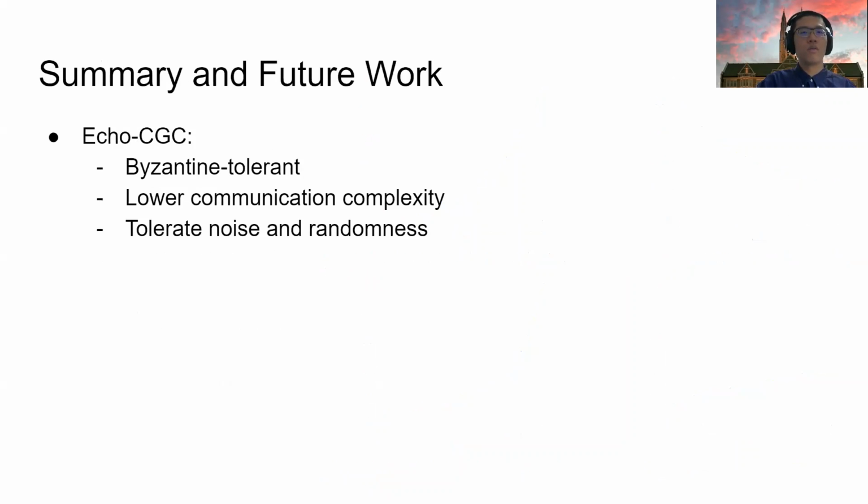As a summary, we present our Byzantine-tolerant distributed machine learning algorithm that incurs lower communication complexity in a single hop radio network. Our algorithm is inspired by the CGC filter, but we devised new proofs to handle the randomness and noise introduced in our mechanism.